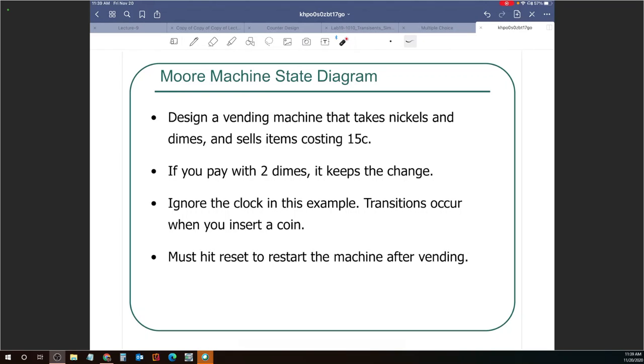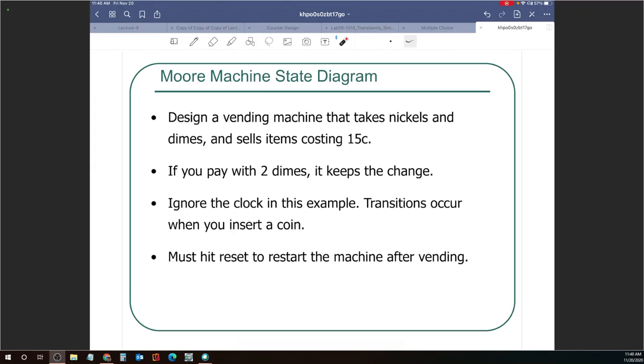Now, some other things to consider with this vending machine is, if the user pays 2 dimes or 20 cents, the machine is very greedy, so it keeps the 5 cents. It gives you the item, but it keeps the change. We are going to ignore the clock in this example because we are going to consider that the transitions occur when the user inserts a coin.